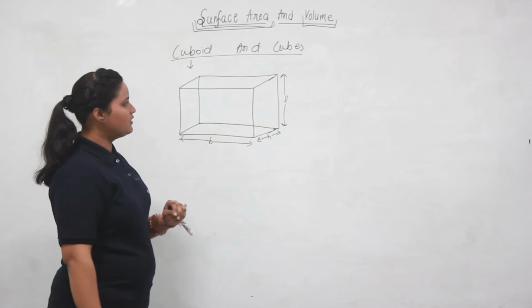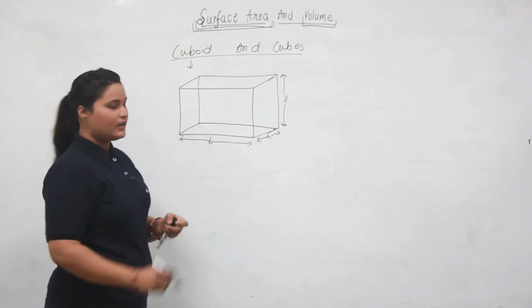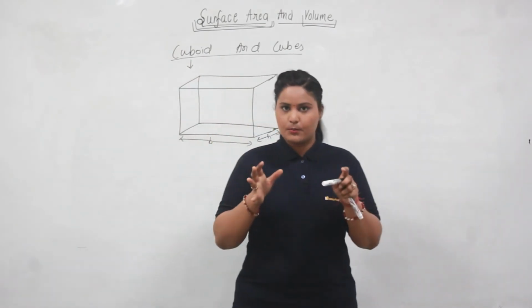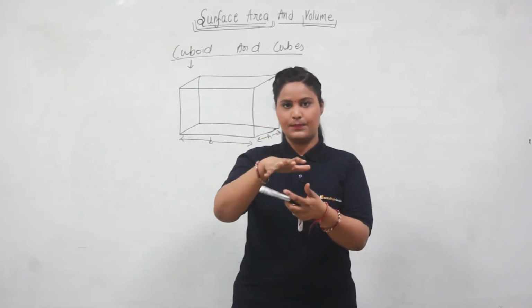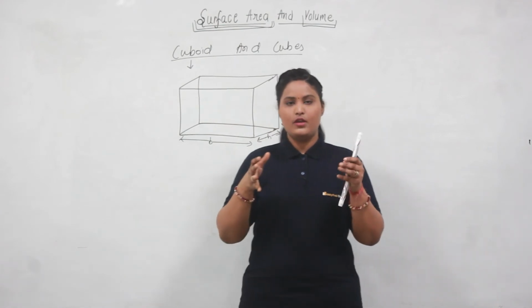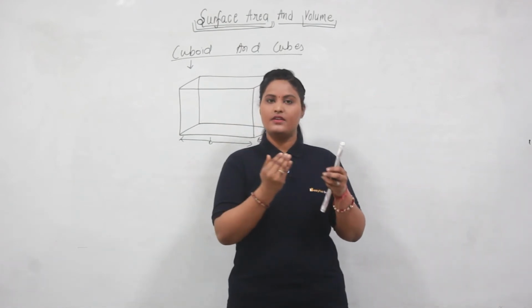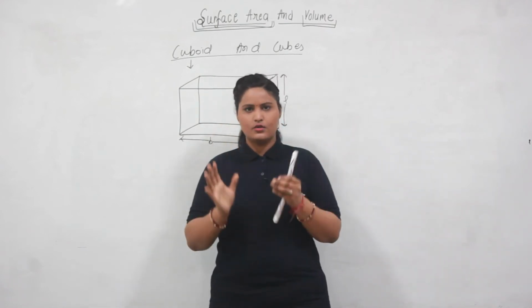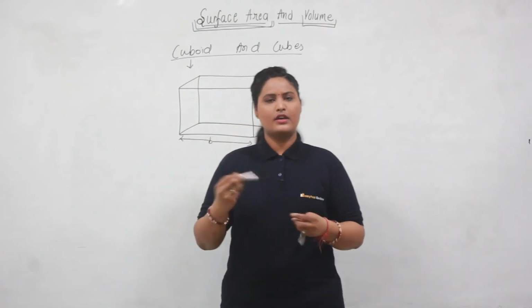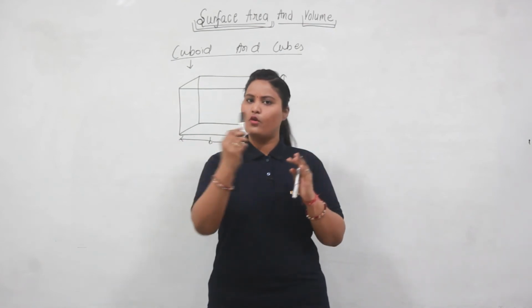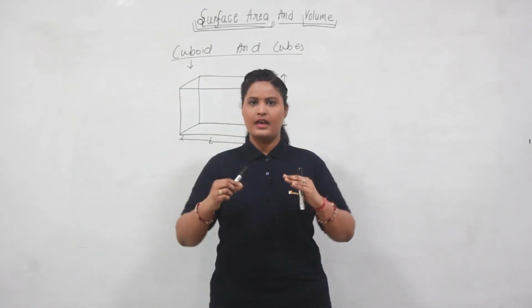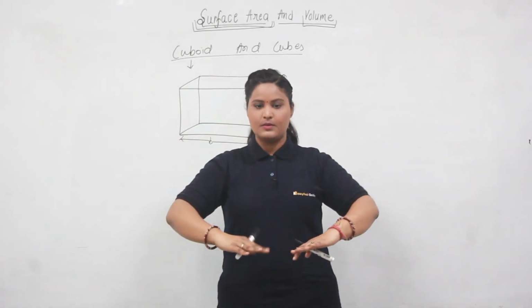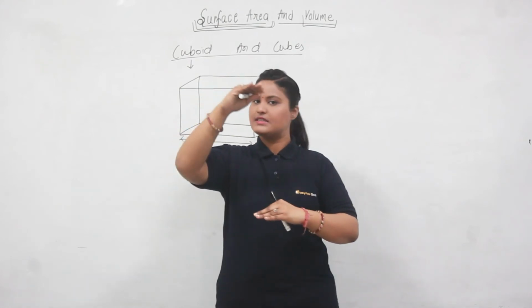Now look at this figure. If you visualize, it is something like a rectangular box which is closed. If you imagine a box, here we have 4 faces. Just imagine a room in which you are sitting. Now you have 4 walls around you and two surfaces at the upside and the downside, that is the floor and the other is the ceiling.